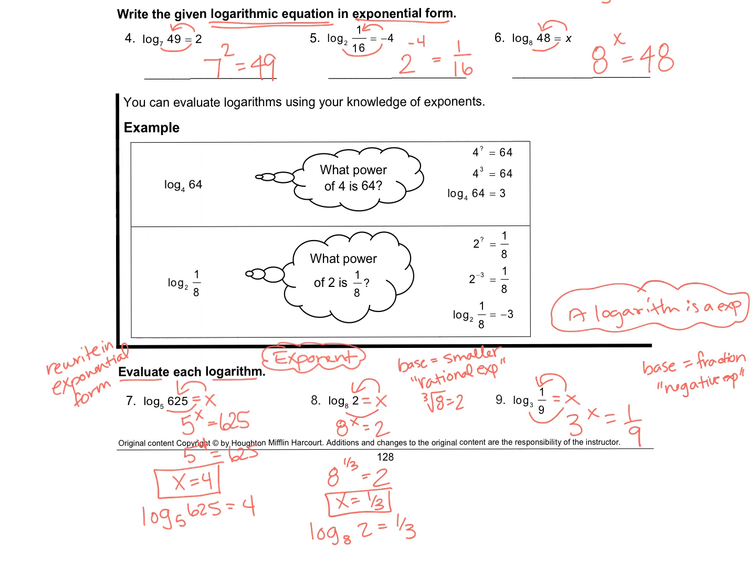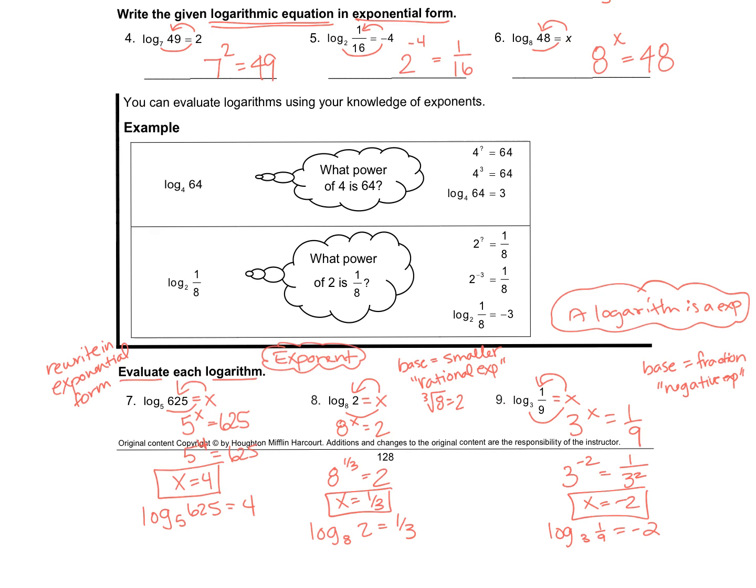In my head, I'm thinking about the fact that 9 is 3 squared. So if I take 3 to the negative 2, that's really 1 over 3 to the positive 2, which would be 1/9. So I need to square the 3 to get 9, and I need to make it a negative 2 to get 1/9. So x equals negative 2 is the answer. And I know that because the log, base 3 of 1/9, is equal to negative 2.